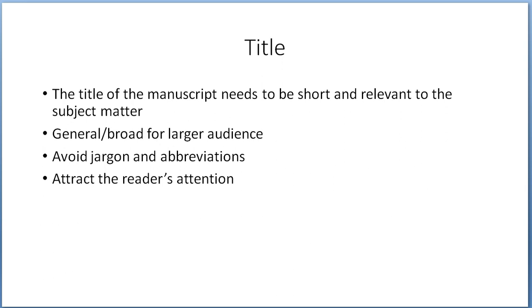It should be broad for a larger audience. Avoid jargon and abbreviations; don't use jargon and abbreviations in your title. It should attract the reader's attention. That's why the title is a very important part of the review paper.